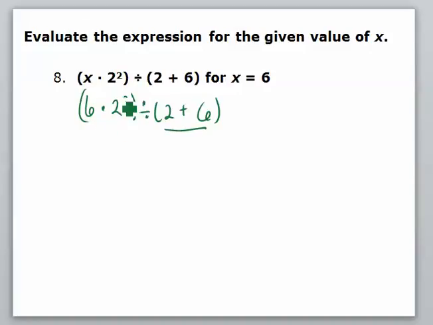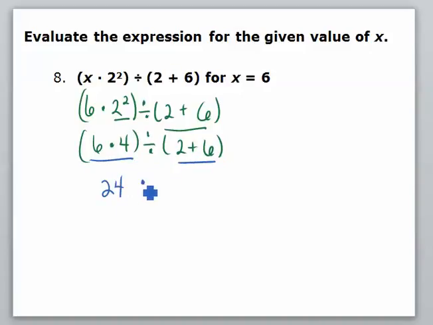So I have to do some order of operations within these parentheses. And I would do the exponent before I do the multiplication. So I'd have 6 times 4. And I'm just going to go ahead and copy everything else straight down for now. Then I can do both sets of these parentheses because they're separate. 24 divided by 8, and that would happen to give me a 3.